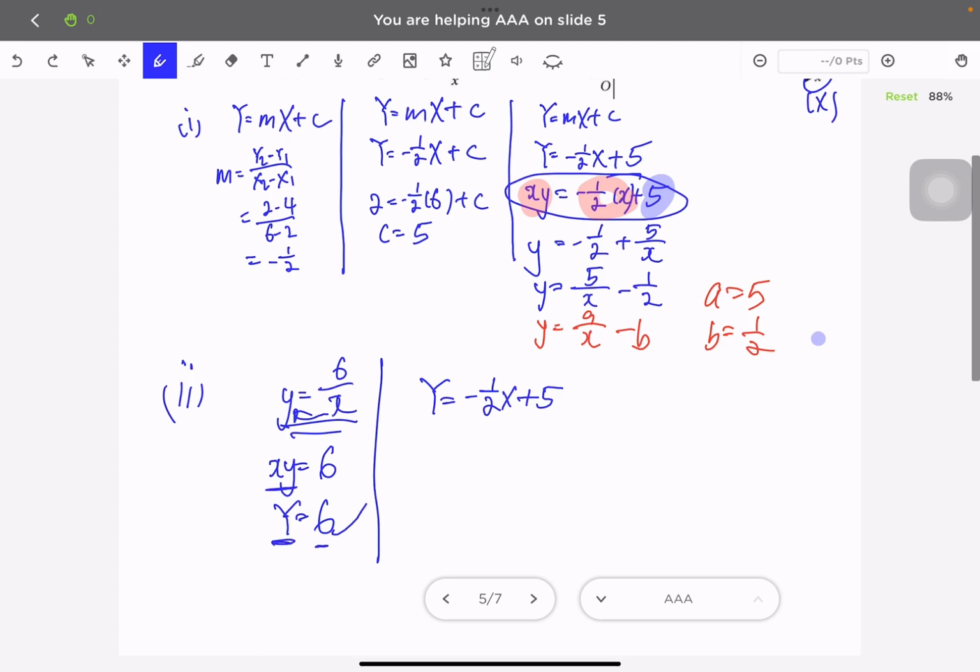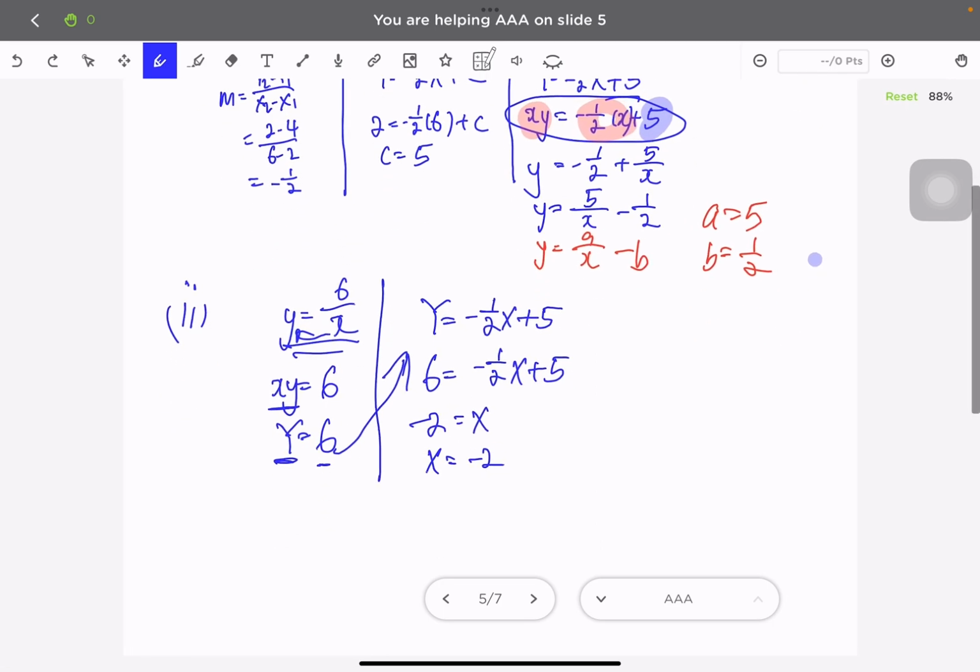When I substitute my 6 inside here, 6 equals negative half big X plus 5. Move over, become minus 5. Times 2, negative. So negative 2 will be equal to the big X.